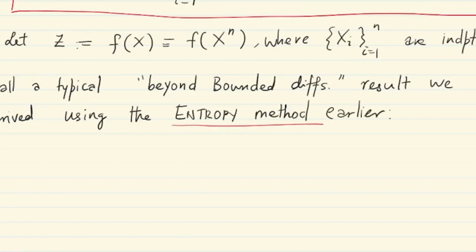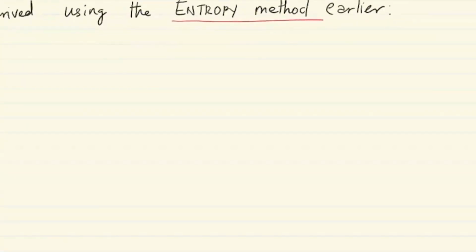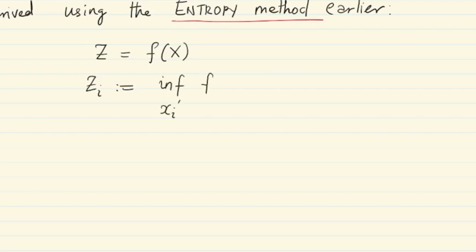In fact, the results from the entropy method do help us analyze this situation above. So if Z equals f of X and Z_i is defined as the minimum over the ith coordinate of f when you fix all the other components to be the components of x, so this is Z_i as a function of x, with x_1 through x_{i-1}, x_i prime, and x_{i+1} going all the way up to x_n, for all i.